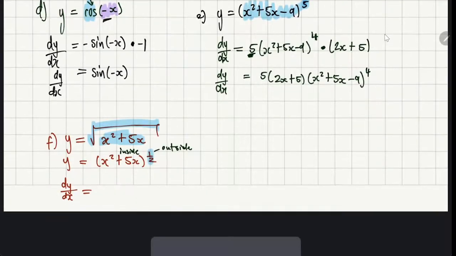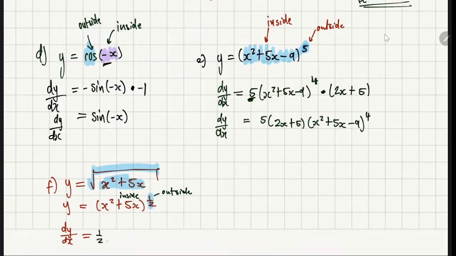Drop the power, half. Does the inside change? No. And now reduce the power by 1, because you drop it and reduce it by 1. Becomes to the negative half. When you reduce half by 1, it becomes negative half. Then you multiply by derivative of the inside. Derivative of x squared, 2x. Plus derivative of 5x, 5. So this is what you end up with.